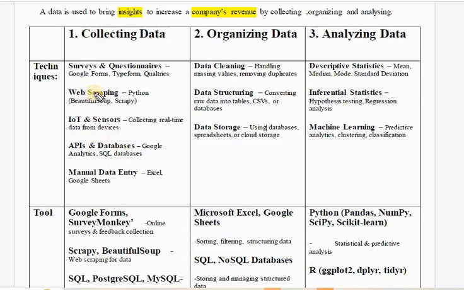We usually fill Google Forms. Many times we have filled them. If you have knowledge of SQL, you will know SQL databases. Excel and Google Sheets are very basic ones. That is how we collect the data. These are the techniques.